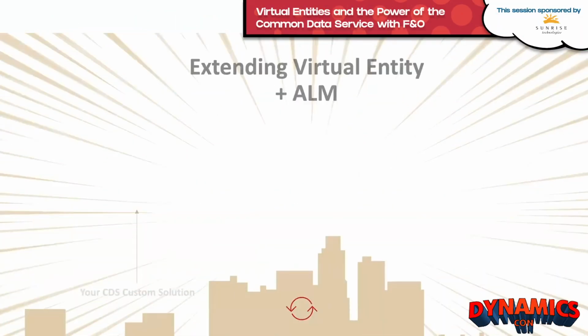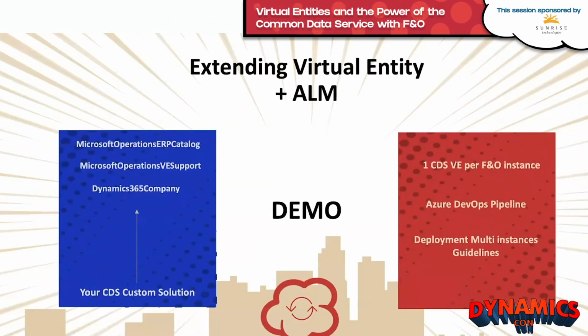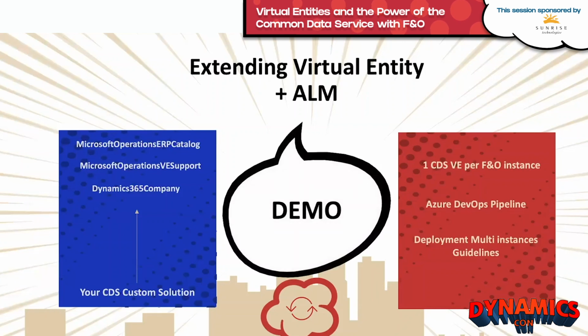Now we will finish with some extensions. On the resources, if you want to do the setup on your own, you will have 3 solutions: the ERP catalog, the virtual entity support, and the Dynamics 365 company solution. This is a free solution that you will have to import to your CDS to activate the feature.